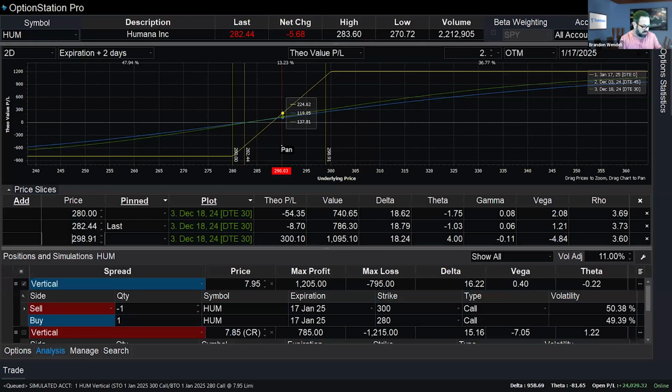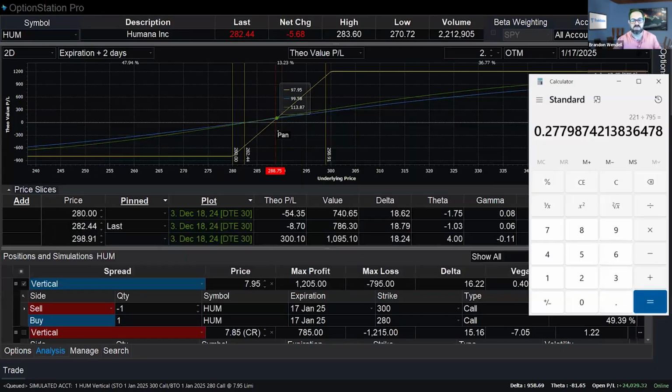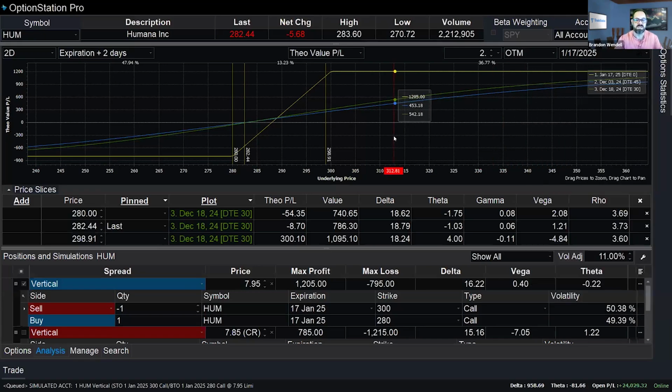We can call it 299 if you wanted to, but at 298.91 I'll make about 300 bucks, which is a pretty good return on a $795 investment. Percentage wise, 300 divided by 795 is 37%. I'd be happy with 37%.